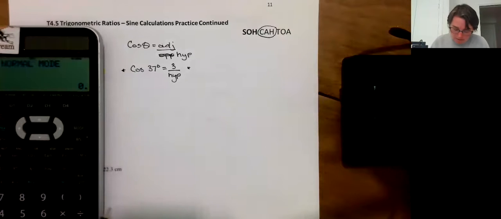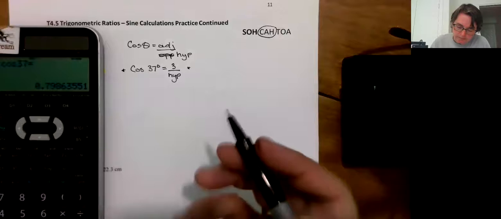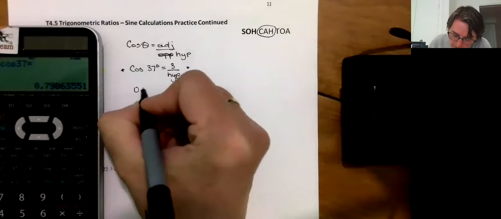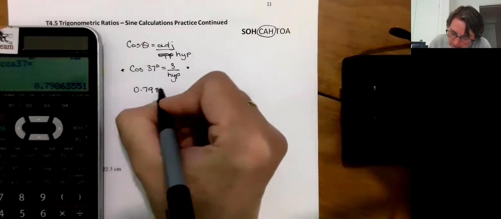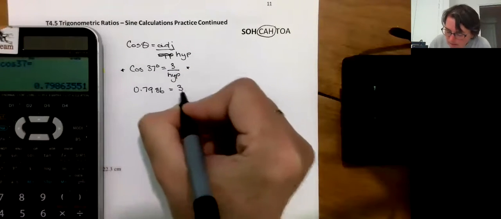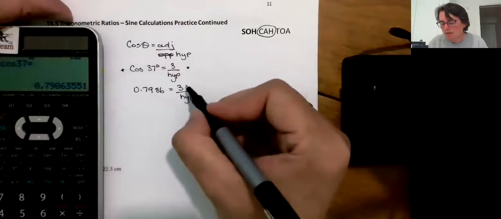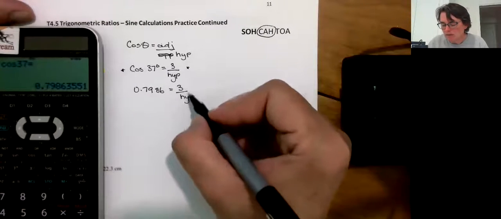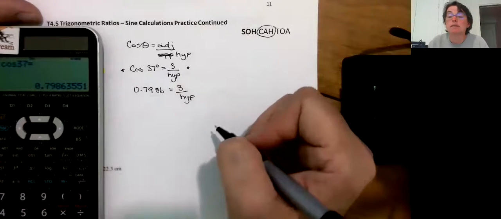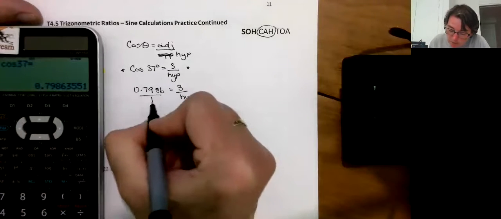Anyway, it was cos 37. So 0.7986 is equal to 3 over my hypotenuse. When you are solving for basically the top or the bottom of this fraction, you're always going to end up cross multiplying. So put this over 1. Is it always 1?